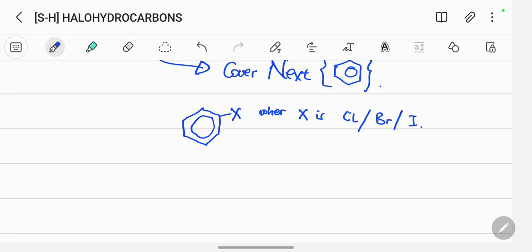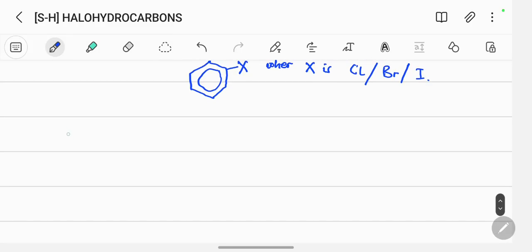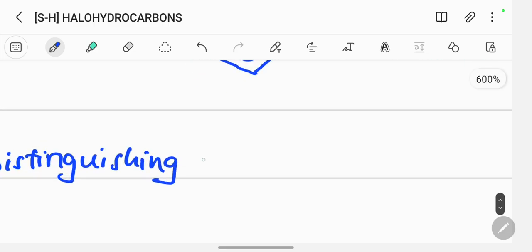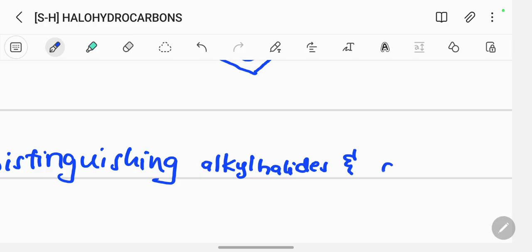Under our laboratory test, distinguishing alkyl halides and aryl halides.